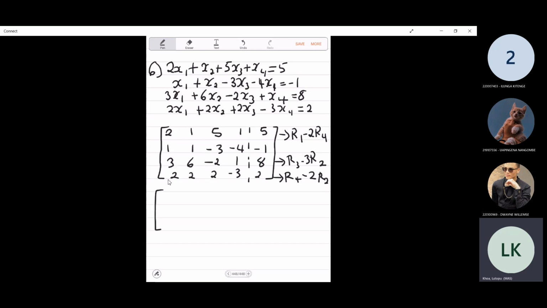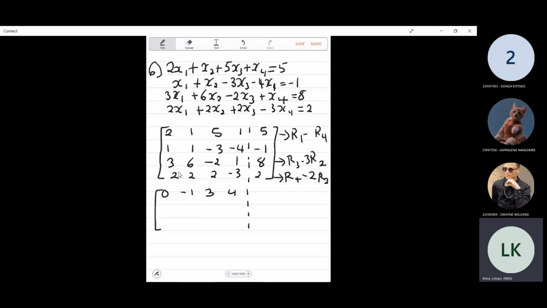We say 2 minus 2, this is 0. Why did I do that? I shouldn't multiply by 2, just row 2 like that. So it's 2 minus 2, this is 0. 1 minus 2 is minus 1. 5 minus 2 is 3. 1 minus negative 3 is 4.